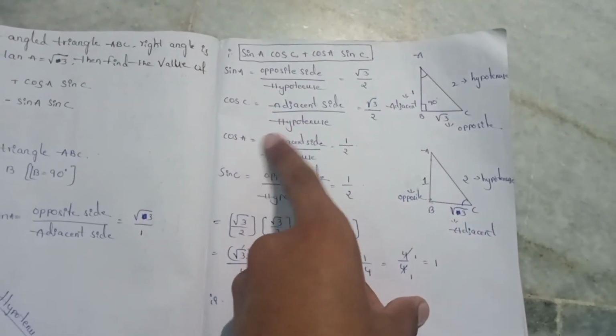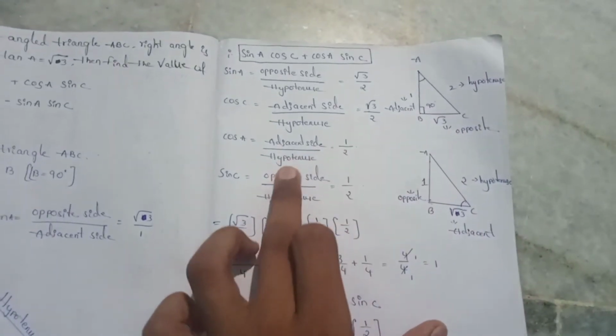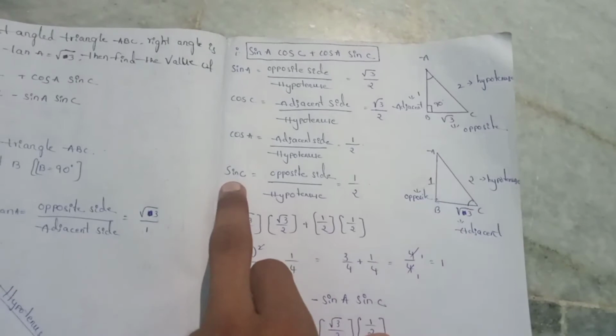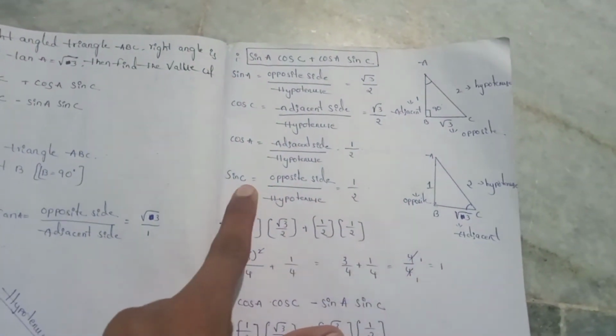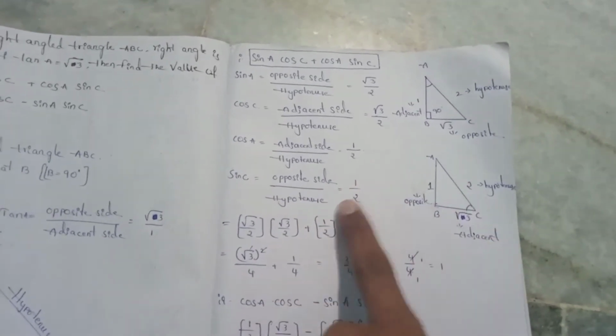In cos A, we look only at this triangle. Adjacent side by hypotenuse is 1 by 2. In sin C, opposite side by hypotenuse, we look only at this triangle because C is mentioned here. The opposite side is 1 and the hypotenuse is 2.